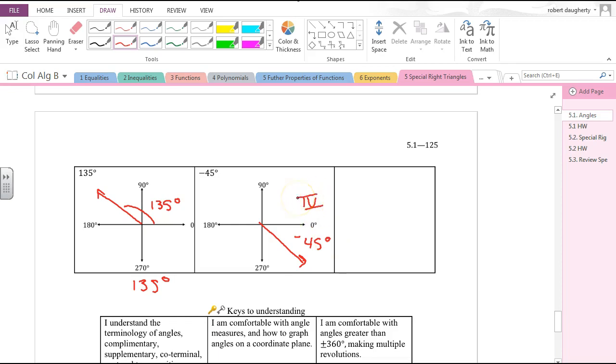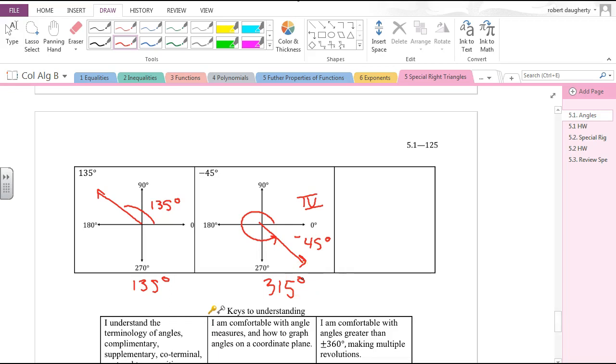Is there an angle between 0 and 360 that ends right here? That's what I'm looking for. It's 180, 270, and how many more? 270 plus 45 is what? 315. So the coterminal is 315, okay?